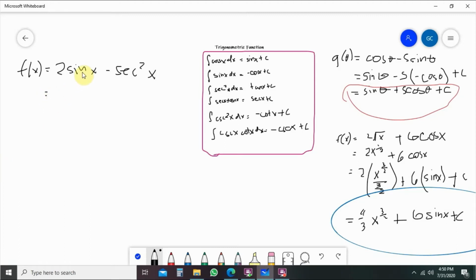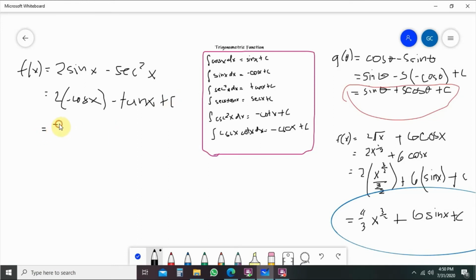We know that the integral of sine x is negative cosine, so we have 2 times negative cosine x minus, what is the integral of secant squared? That would be tan x plus some constant c.